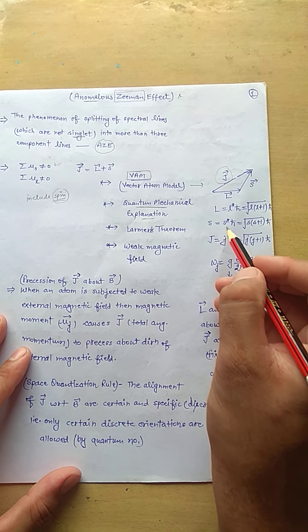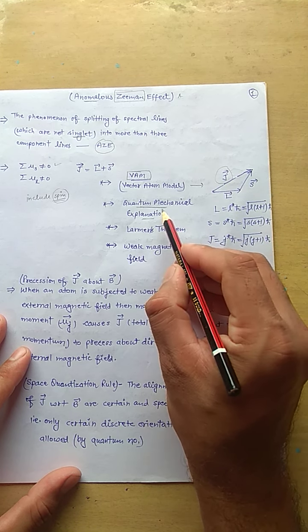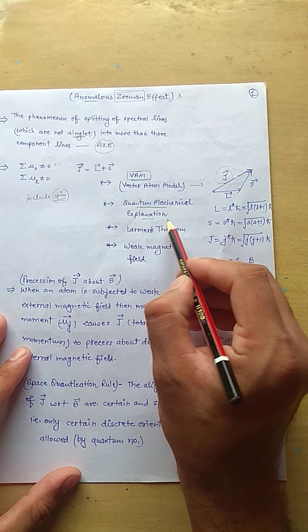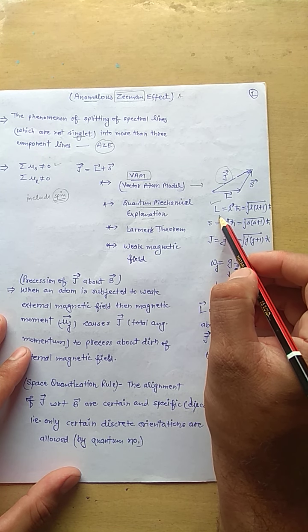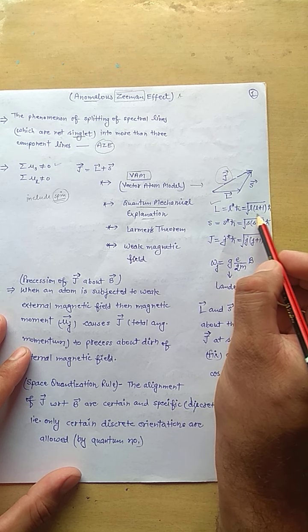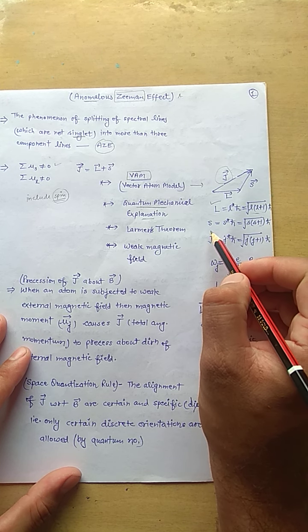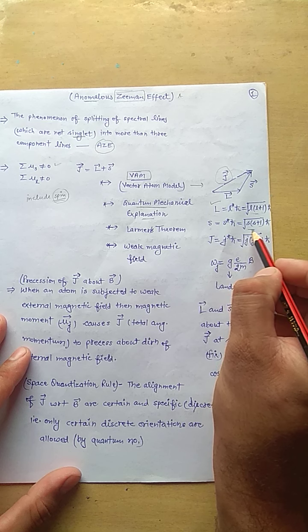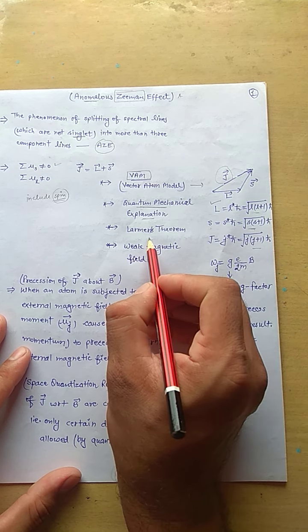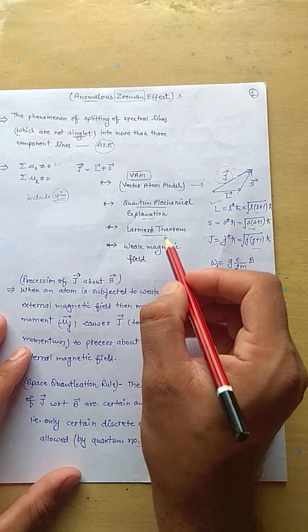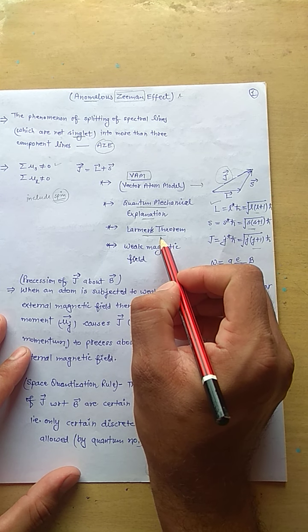Now see, we will make use of the quantum mechanical explanation. The magnitude of orbital angular momentum is given by this formula in quantum mechanics, and S is given by this formula, and g you can write like this. We will make use of Larmor's theorem. We have done this in the previous lecture.